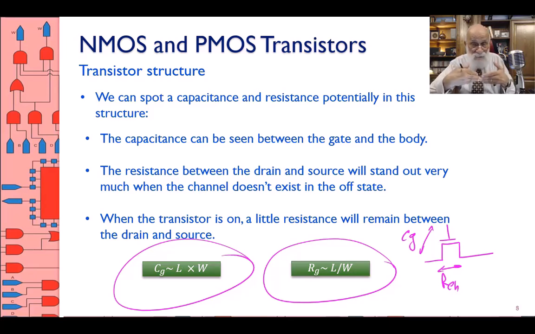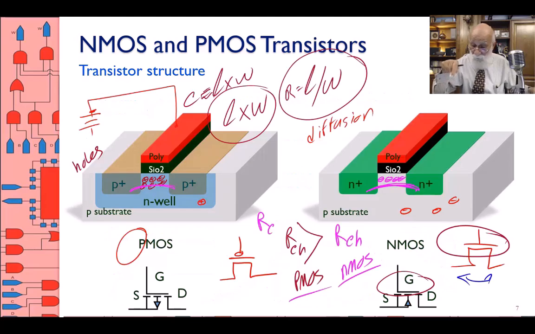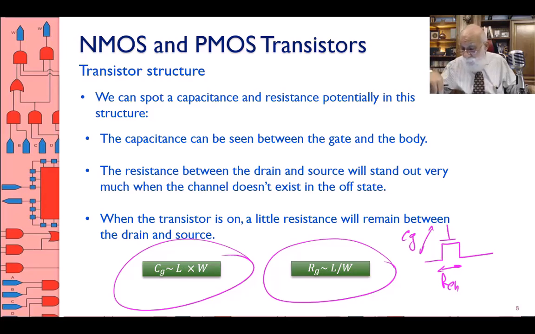That means if it's connected, it has this resistance here. I'm ignoring the off resistance. Even if it's not conducting, there is still some resistance between the two N-type materials, but it's so large that I'm ignoring it. So I have a model that does not include the off resistance. It only includes the on resistance.